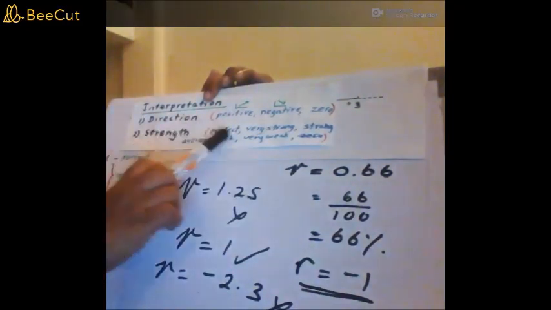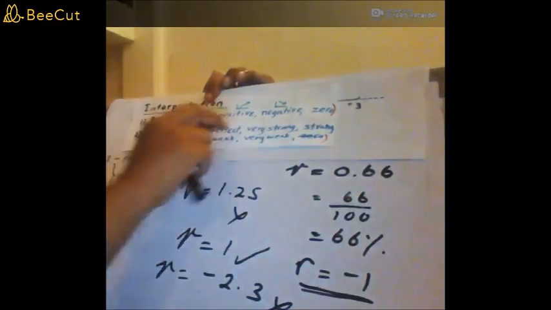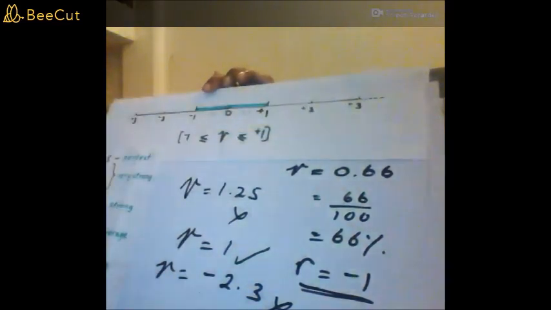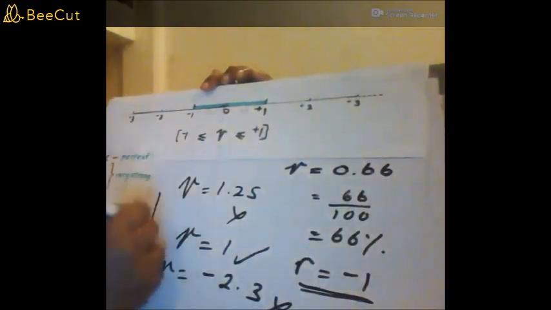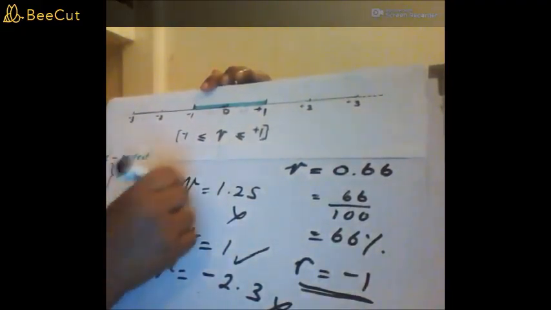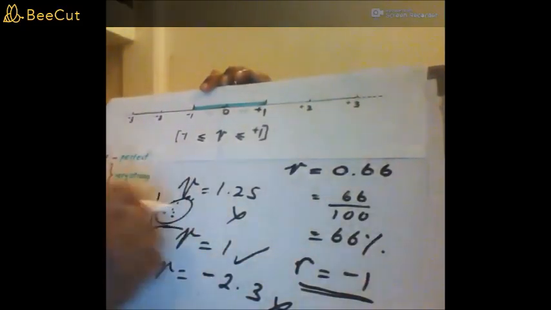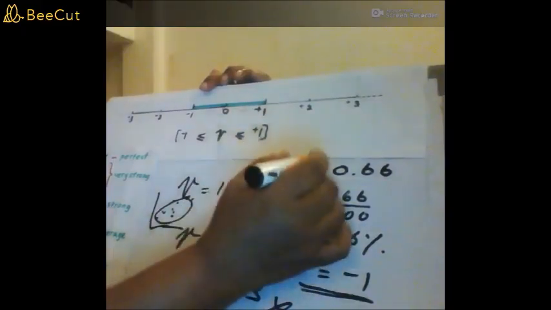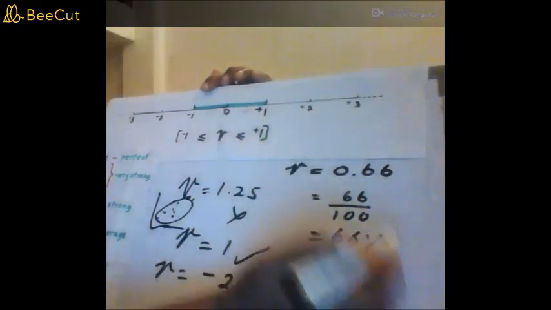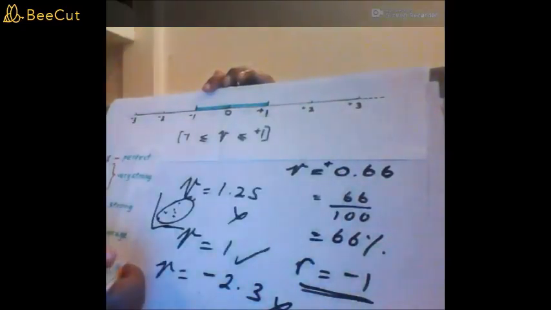And the strength, perfect, very strong, average, likewise, right? So the direction, how can we get the direction? In the scatter diagram, we get the direction like this, right? But in the rho value, we get the direction by the symbol here, the mark. This is plus. So plus means positive.